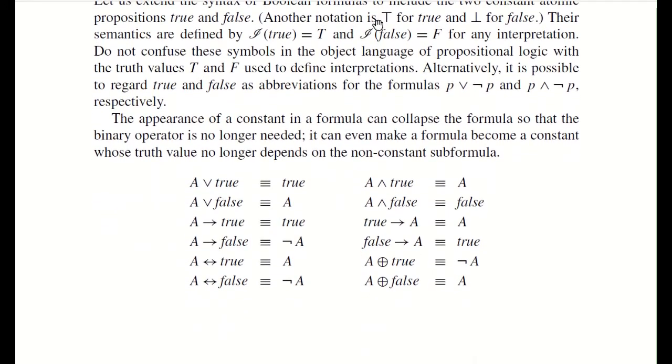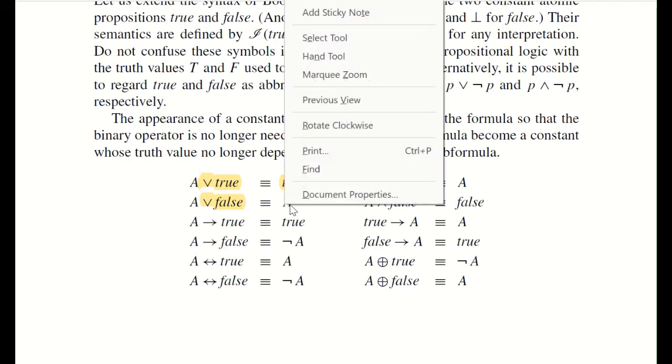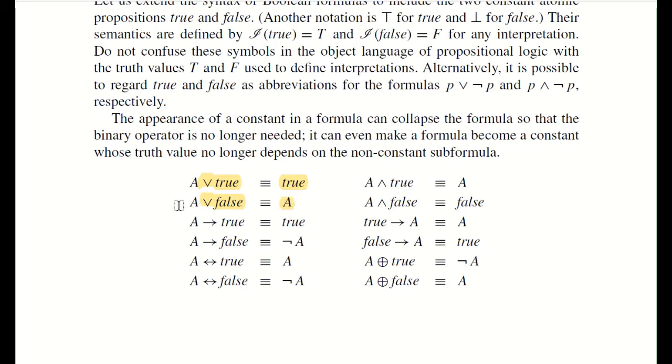For example, here, if we have a disjunction of some formula with a true value, the resulting formula will simply be true. If we have the same disjunction but with the false constant, or a formula that is always false, we obtain as a result the previous formula A.